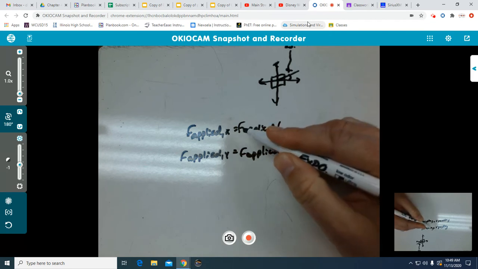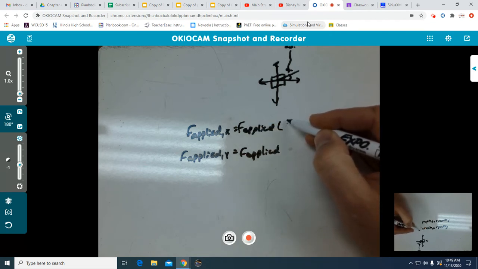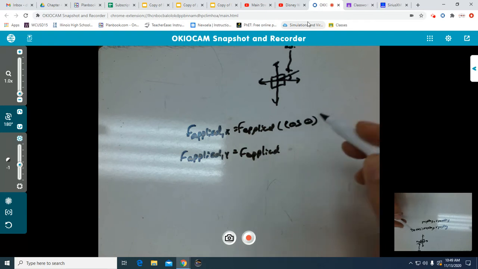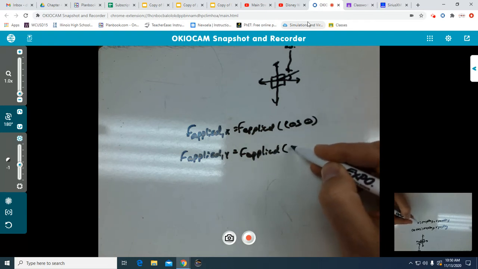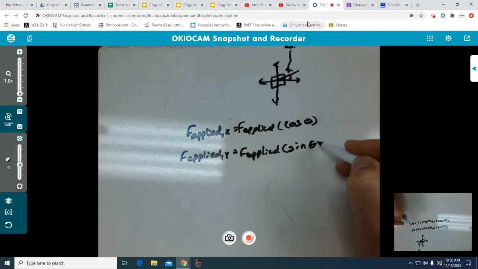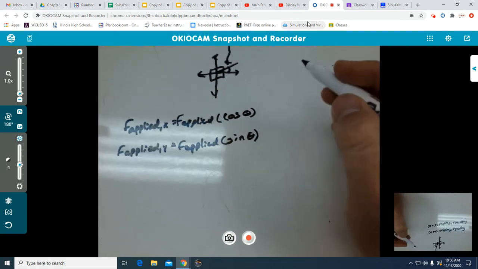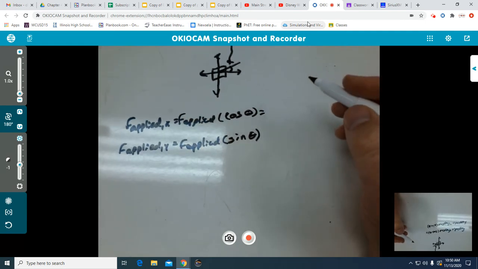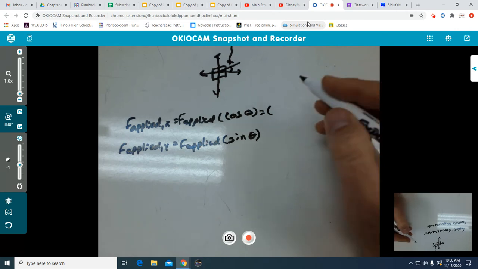For the X, we're going to take that F applied and multiply it by the cosine of theta. And for the Y, we're going to take it multiplied by the sine of theta. Okay, so we can put our numbers in here.